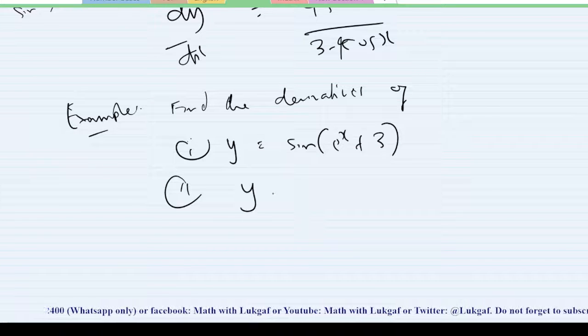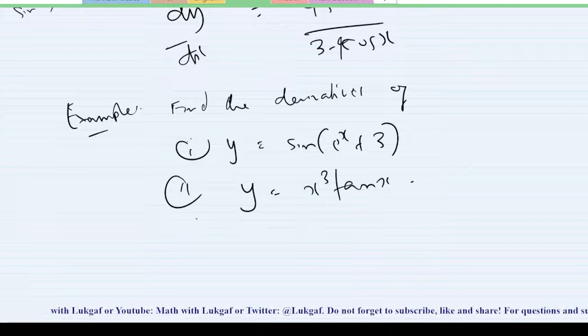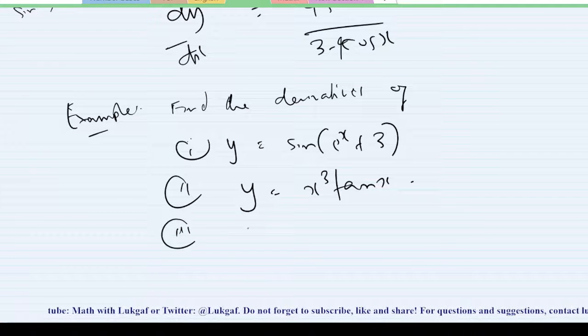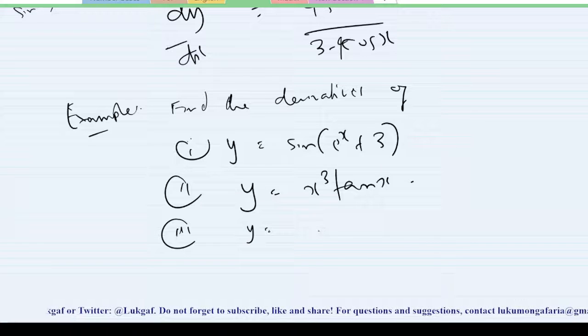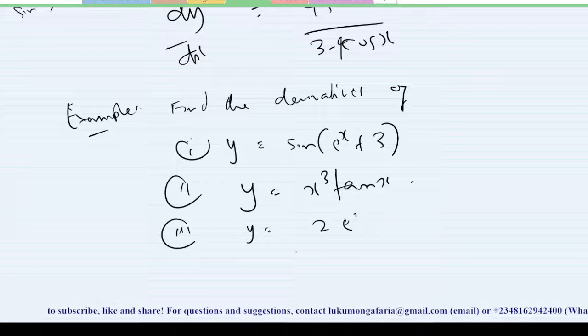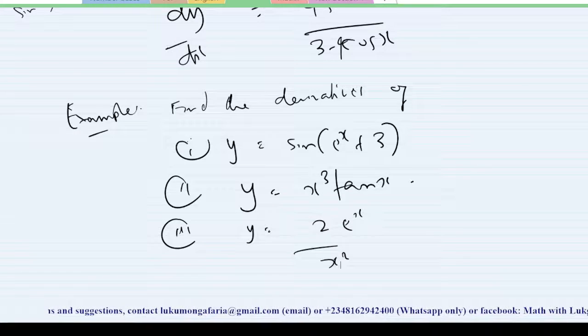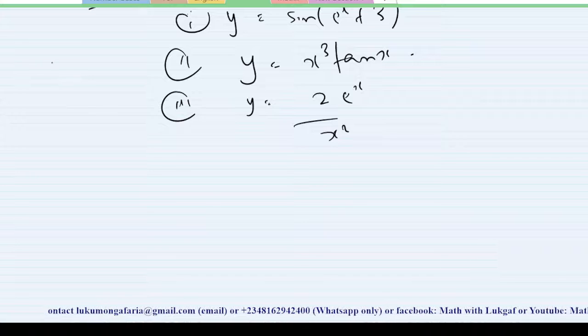Number two, y is equal to sine cubed x. Number three, y is equal to 2 e raised power x divided by x squared. Let's solve this. It is very simple. It is not difficult. Solution.